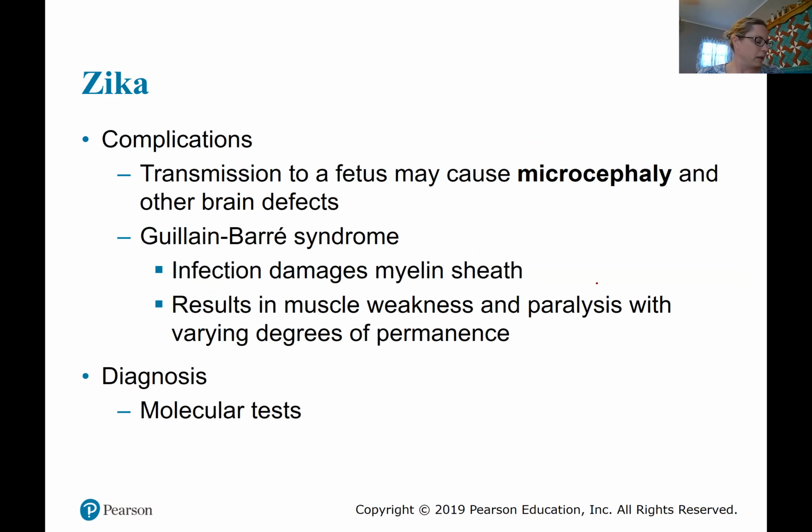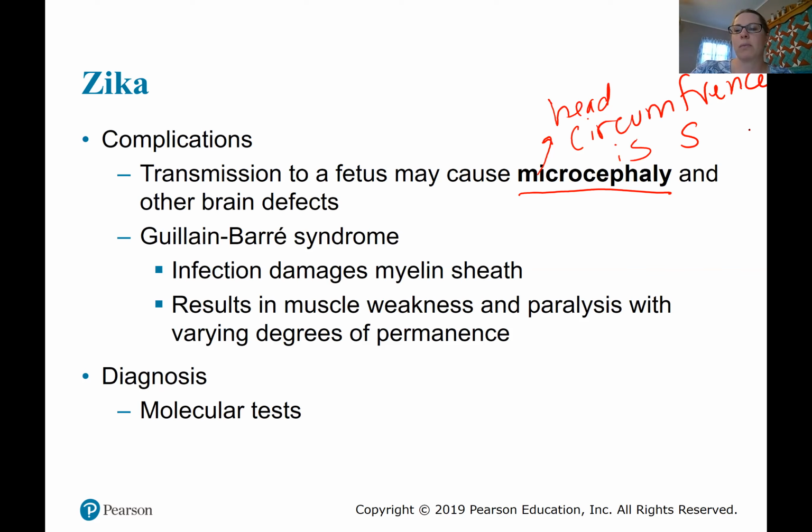And the major complication is going to be microcephaly, and that is where the baby's born, the head circumference is significantly smaller than the normal circumference of an infant, and so it causes some issues with fetal development, can even cause miscarriage. And then Guillain-Barré syndrome is another complication that can develop because of Zika.